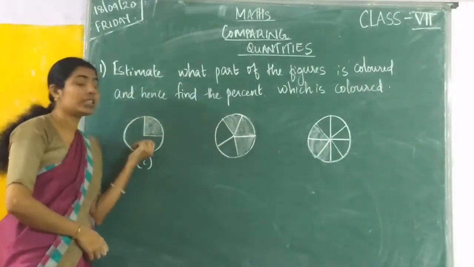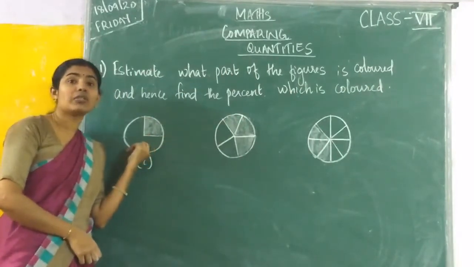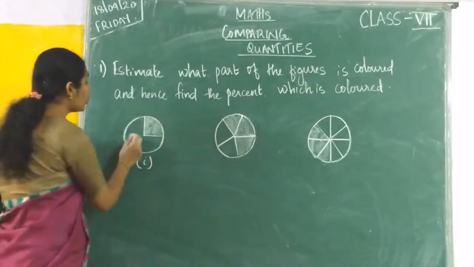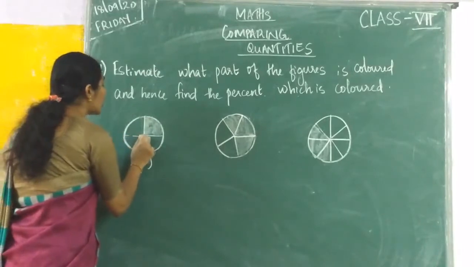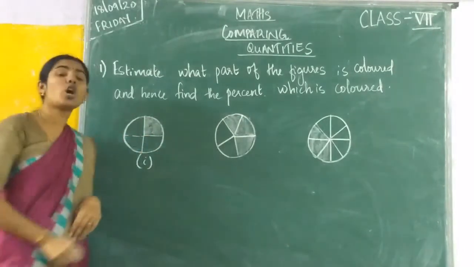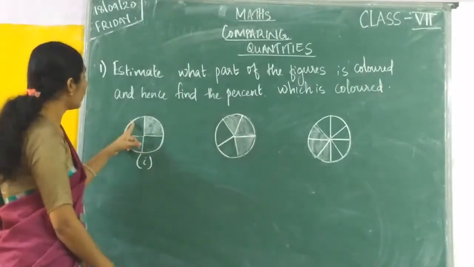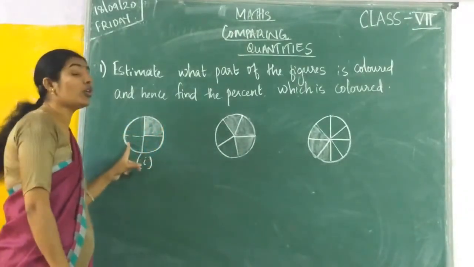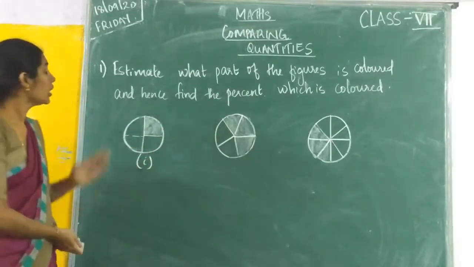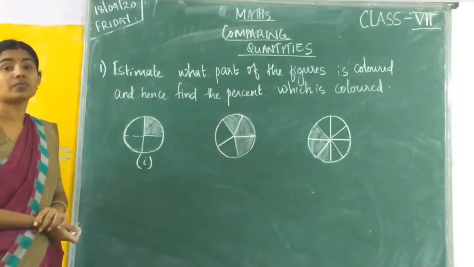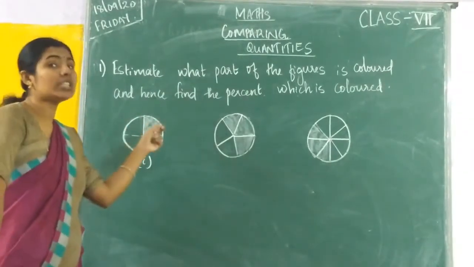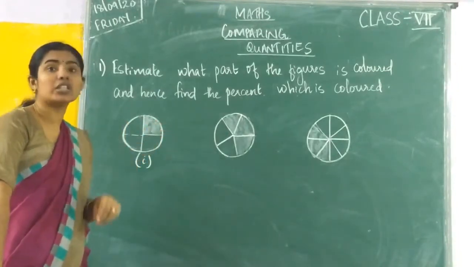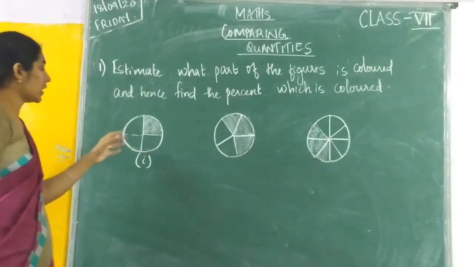Here they are not dividing it into equal parts, so first divide it into equal parts. How many parts will be there? 1, 2, 3, 4. Total 4 parts. Out of 4, how many are shaded? Only 1 shaded.